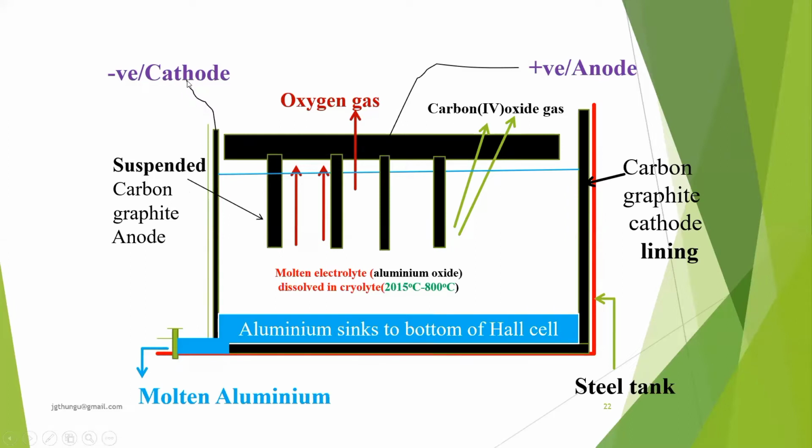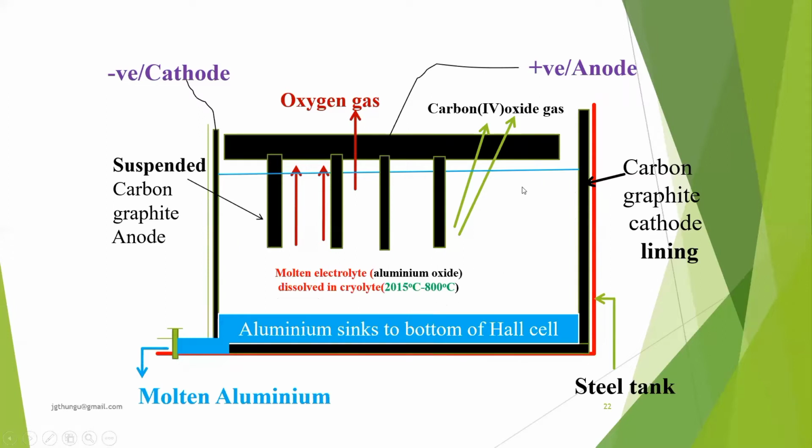That is where we are going to connect the negative terminal of the source of current. And then suspended, there is this bar on top here, whereby inside that is where we have these rods that are suspended, and on the top part, the pale blue up to there, is space, all filled with molten electrolyte.